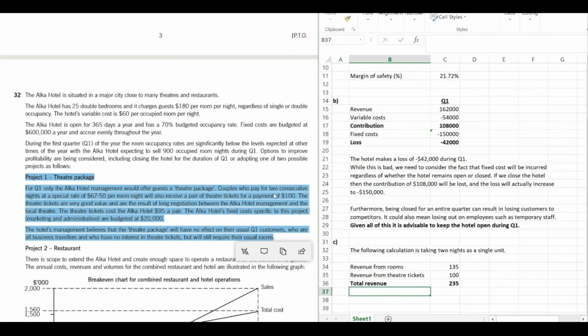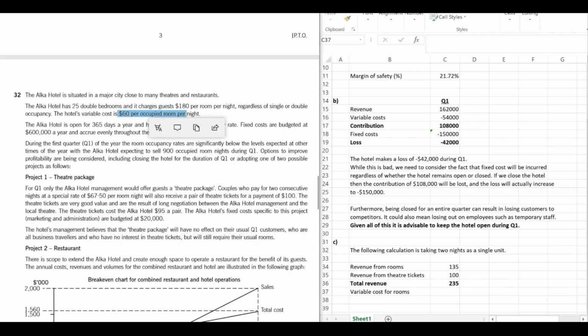And what is the variable cost going to be? There's a theater cost as well. So variable cost for rooms, which would be the same $60 that we had above, and there's 2 nights, so we need to multiply it by 2, so minus 60 into 2, and then there's the variable cost for tickets, which is going to be $95 as we saw in the case scenario.